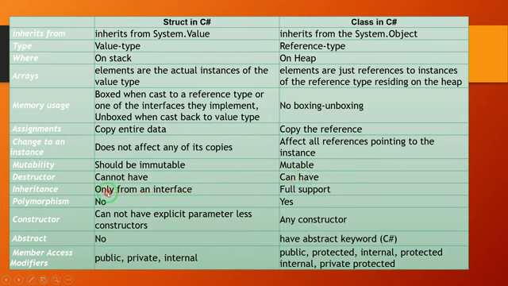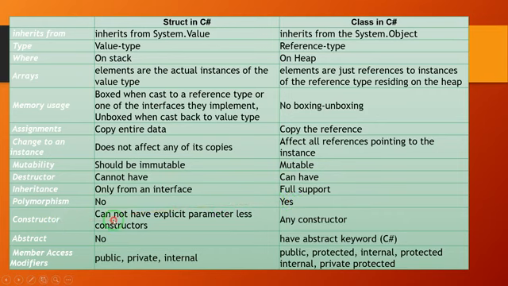Inheritance: a struct can inherit only from an interface, while a class has full inheritance support. In the case of polymorphism, there is no polymorphism concept in a struct, and a class has the polymorphism concept.